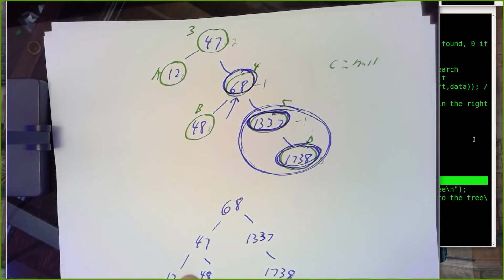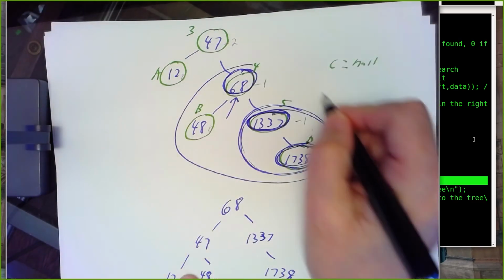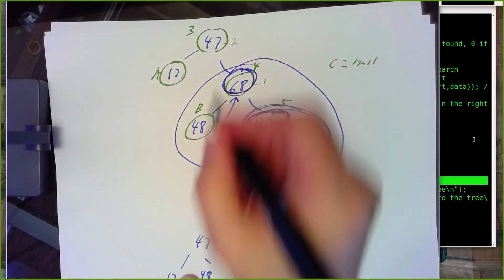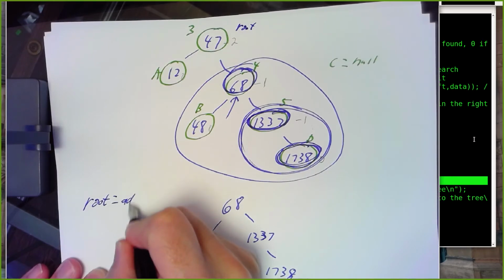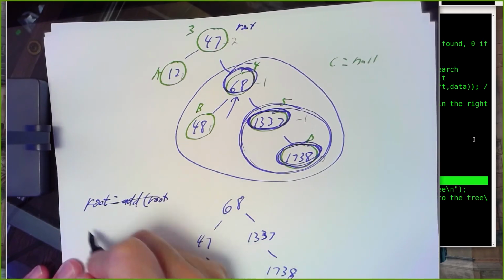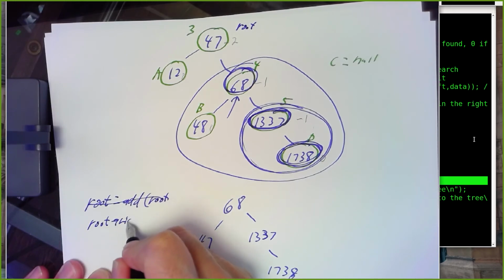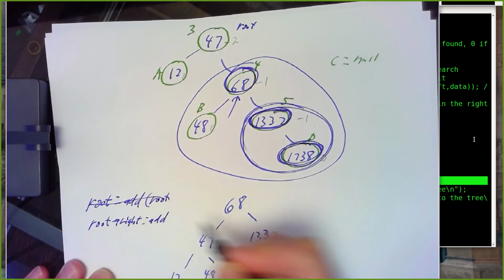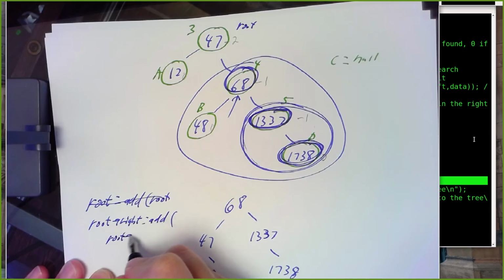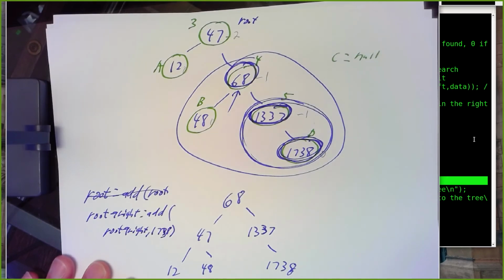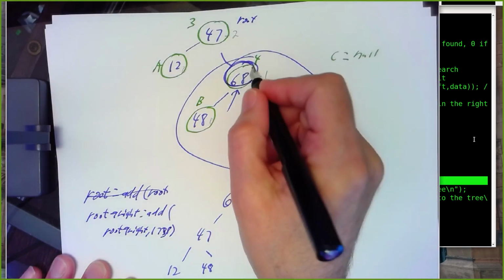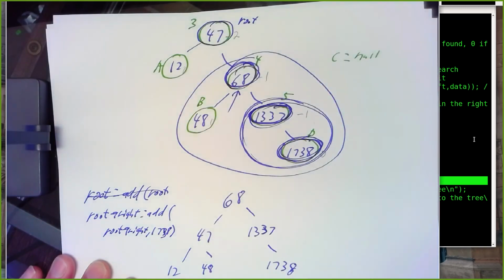And that still looks like it's balanced, but the reason that we were inserting 1738 into here was because in our original tree, where we got something called root, we said something like root equals add, something like root right equals add root right 1738. So the recursive nature of the add function means we're going to call add not just at this point and this point, but also when our root is equal to this.